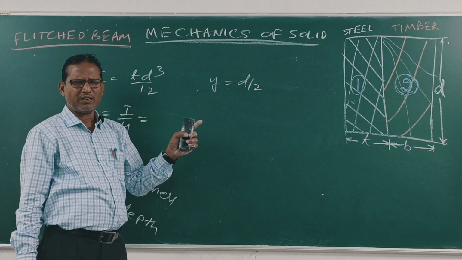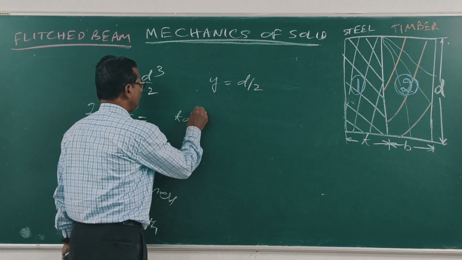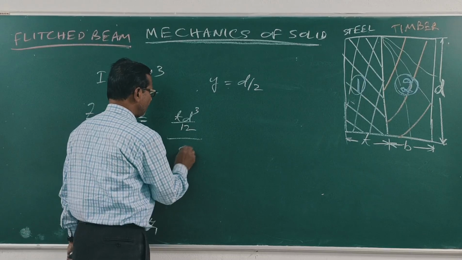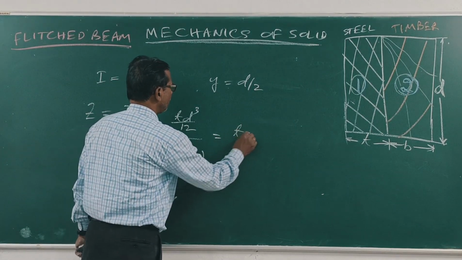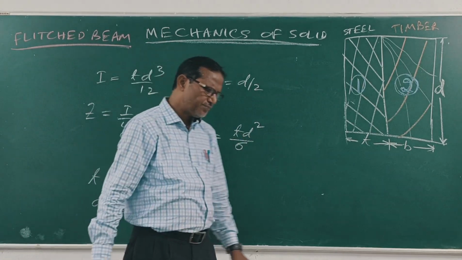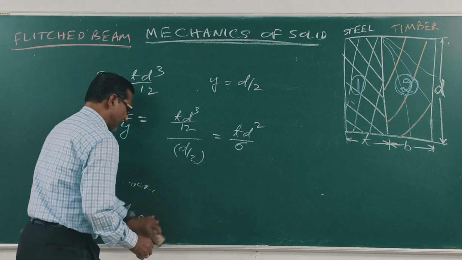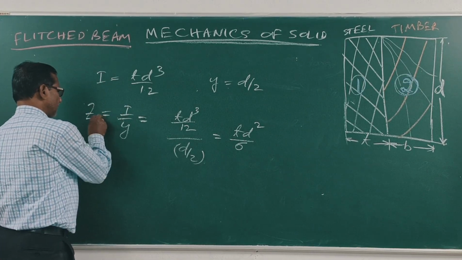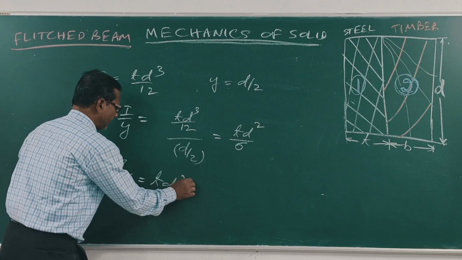So Z is equal to t d cube by 12 divided by d by 2, which is t d square by 6. This is the section modulus Zs for steel. So Zs is equal to t d square by 6.